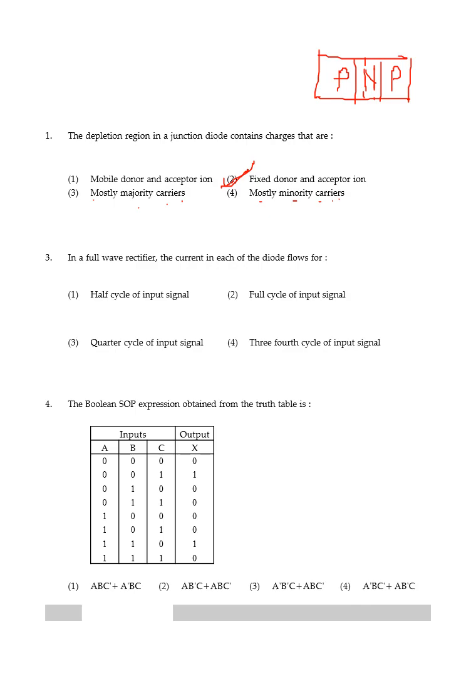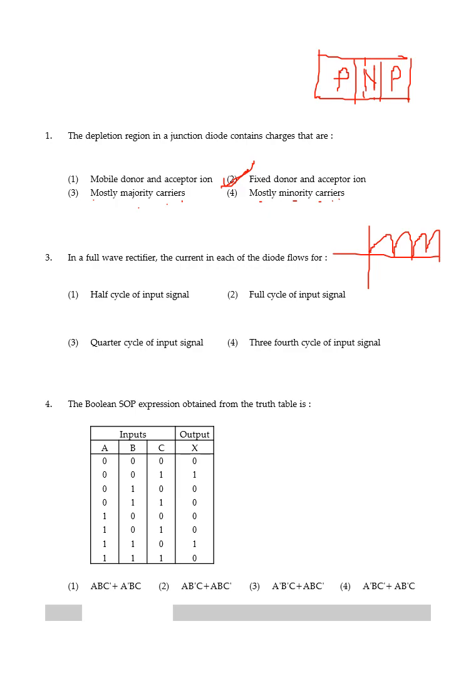Then the second question: in a full wave rectifier, the current in each of the diodes flows for...? In a full wave rectifier, as we know, the waveform at the output we get is like this, right?